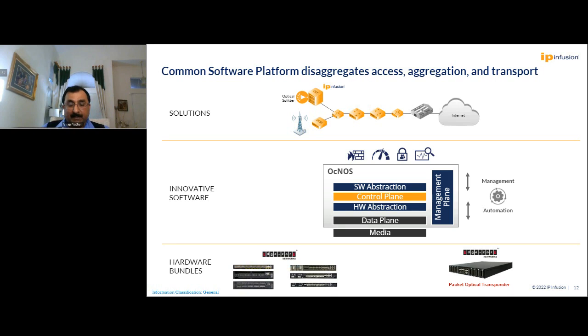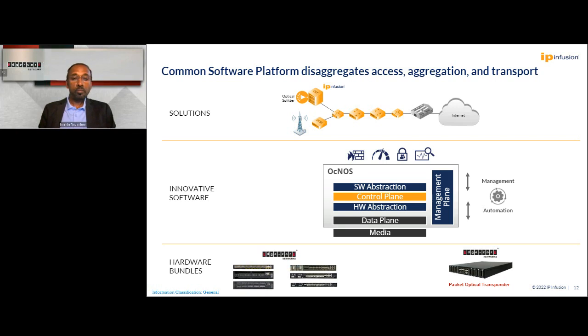Yeah, thanks, Shaji. So just like what Shaji mentioned, the things that are done in the software to make it an open, well abstracted system that can manage any hardware anywhere in the network. Similarly, something similar is done on the hardware platforms.